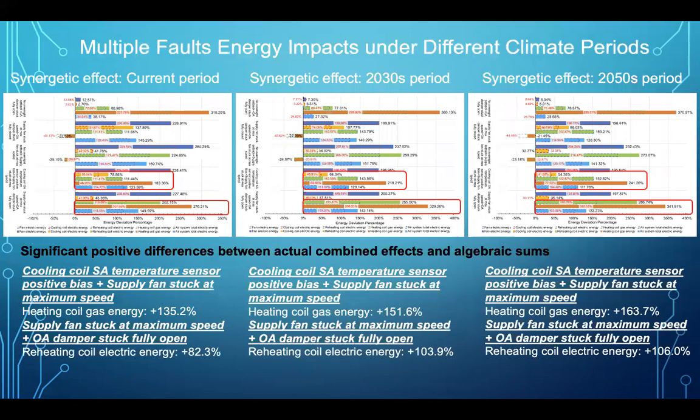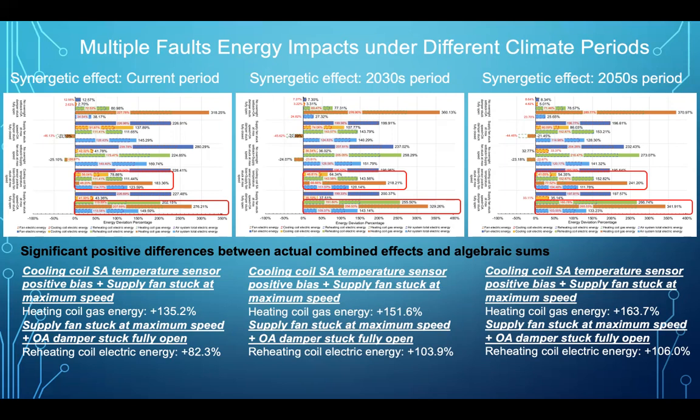Regarding the energy impacts of multiple faults, synergetic effect can be observed in the deviation from HVAC sum for the top 5 fault combinations. The most significant variations in the deviation from HVAC sum can be observed from heating coil gas energy for the combination of cooling coil supply air temperature sensor positive bias and supply fan stuck at maximum speed.